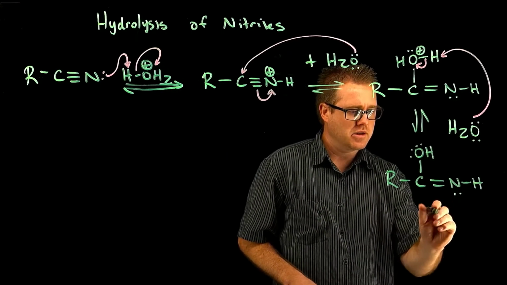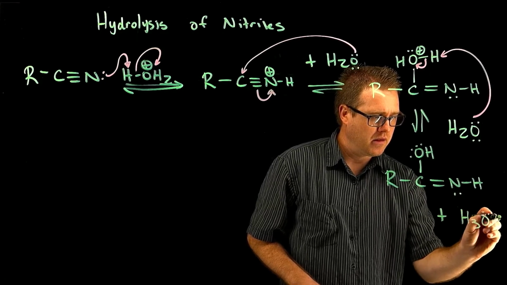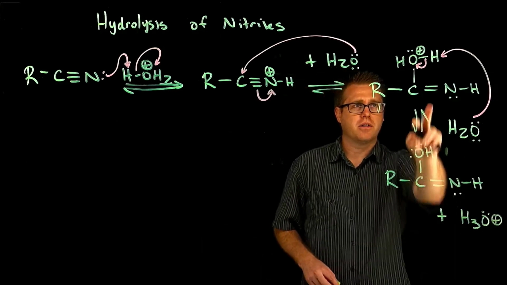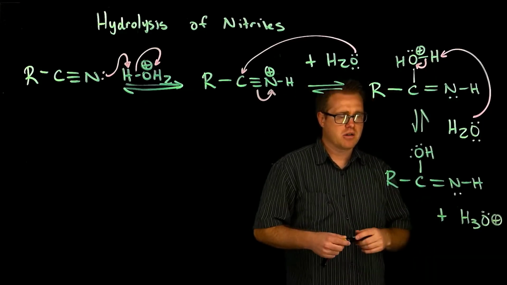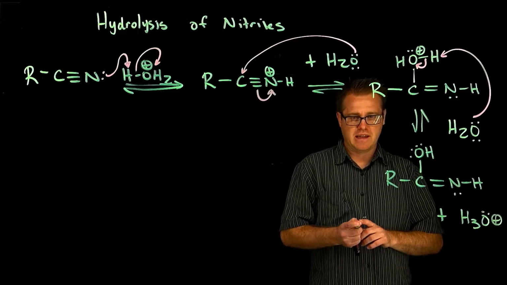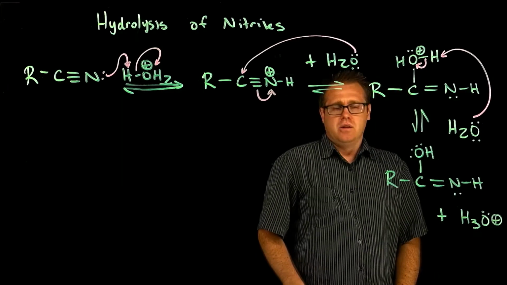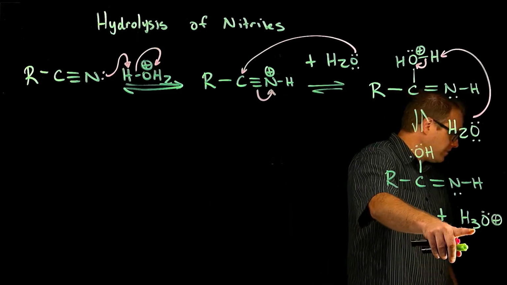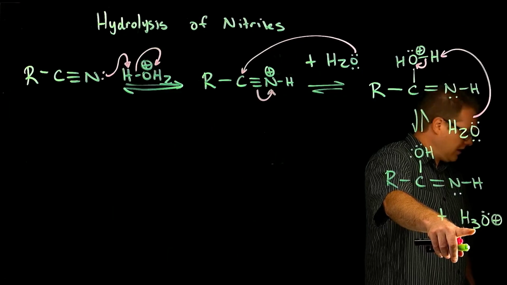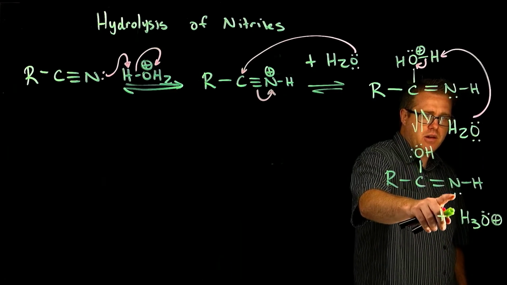And then we also generated some more acid from the water abstracting that proton. Okay, remember our end goal is to get an amide. So what's next? So we've generated an acid here. And what could we do here? We've done the proton transfer.